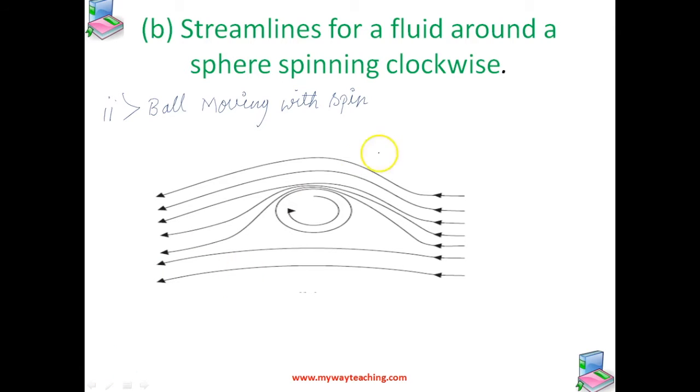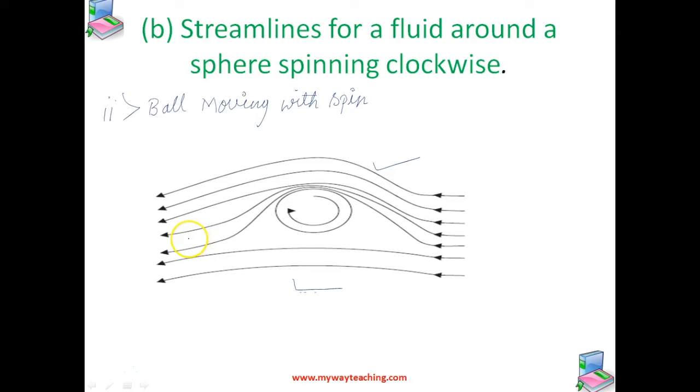Because of this, you can see the streamlines are crowded above and rarefied below. This difference in the velocities of air results in a pressure difference between the lower and upper faces, and there is a net upward force. In the first case there was no upward or downward force, but here there is a net upward force on the ball.